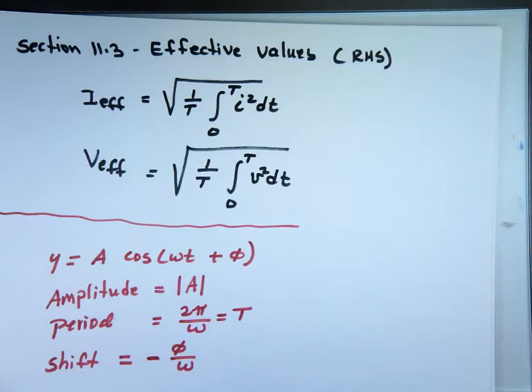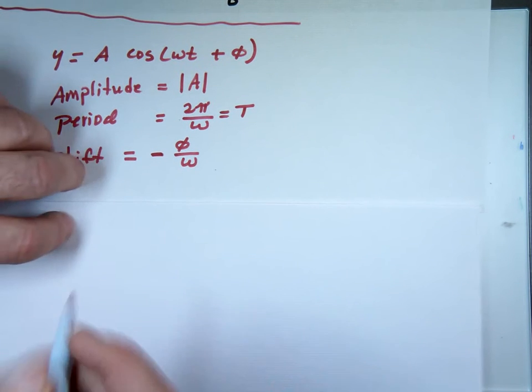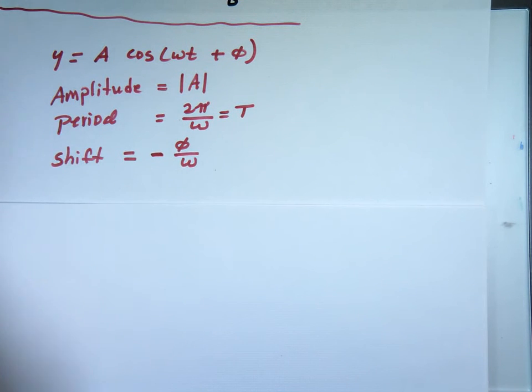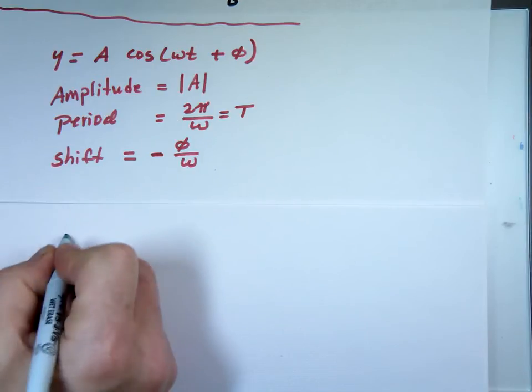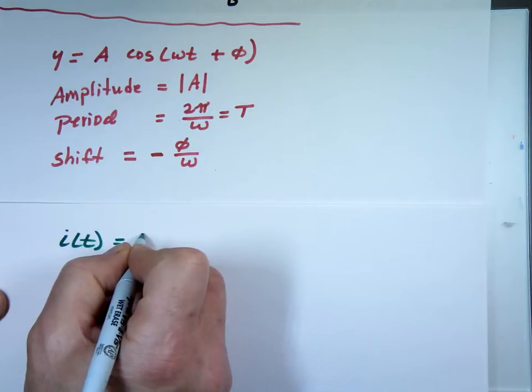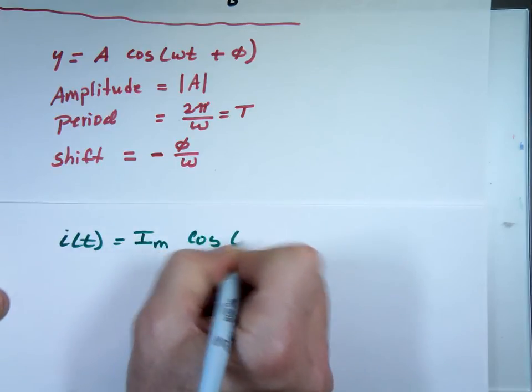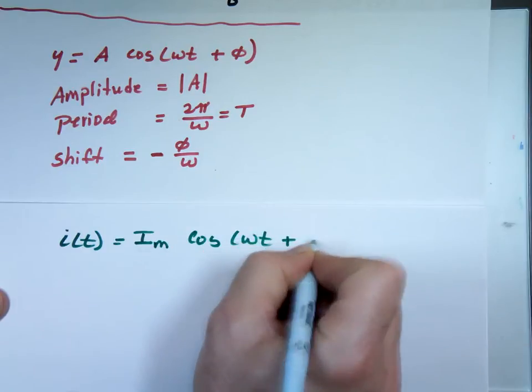Let's take an example. Let's say you have a sine function for the current. Let me use the green here. I as a function of time has some maximum value, we'll call it I sub max, cosine wt, and it has a phase shift.